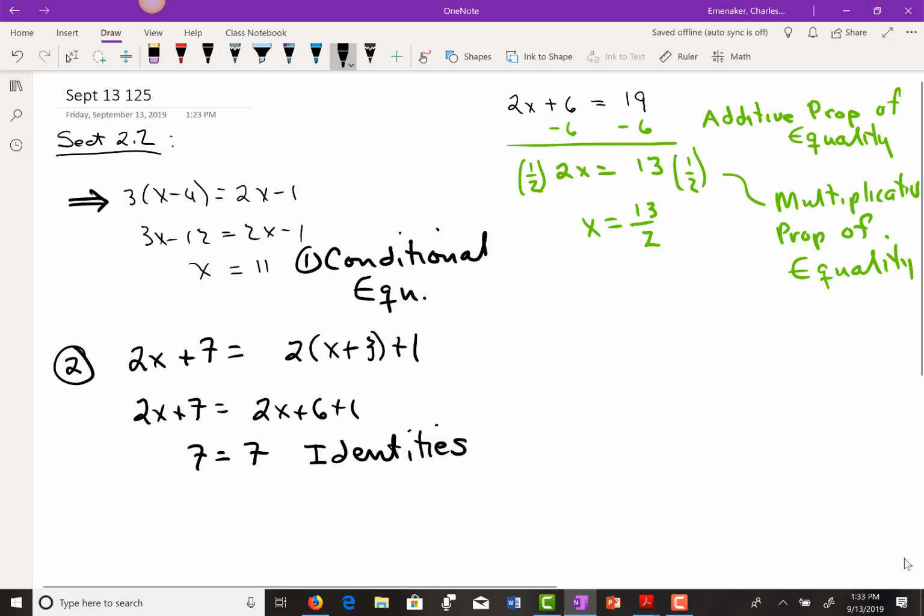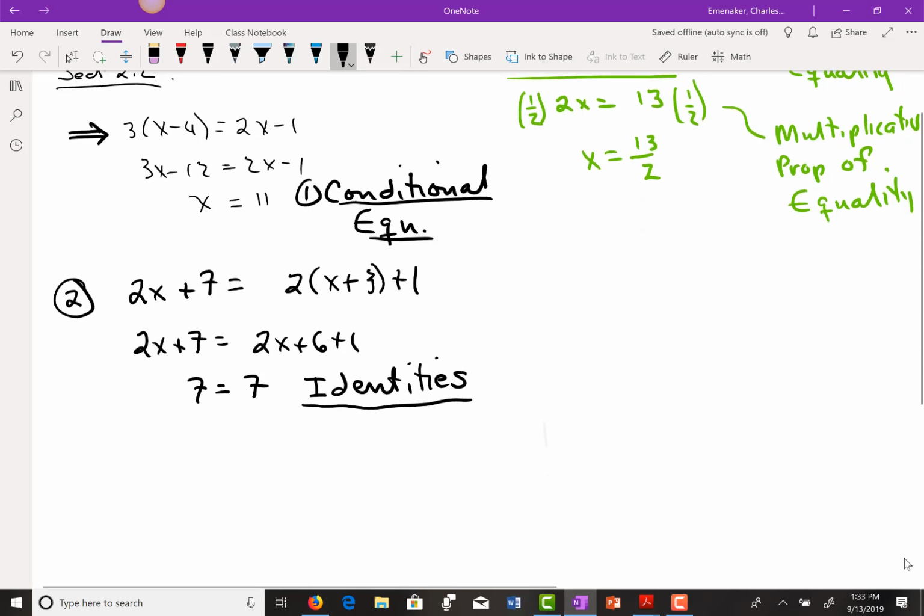With an identity, as you simplify both sides of the equation, you're going to wind up with the same thing on both sides. And if you keep going on the simplification, you'll work it all the way down to 0 equals 0, which is true. No big surprise to anybody. Okay? This is what is called an identity. Identity means the left and the right are the same thing.